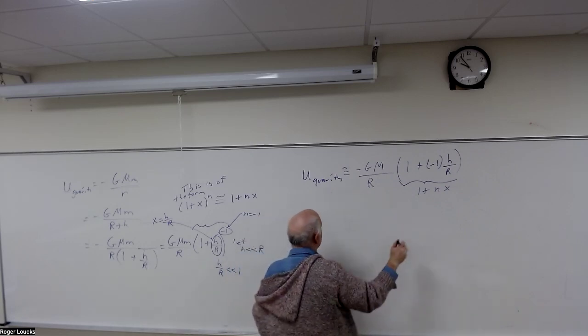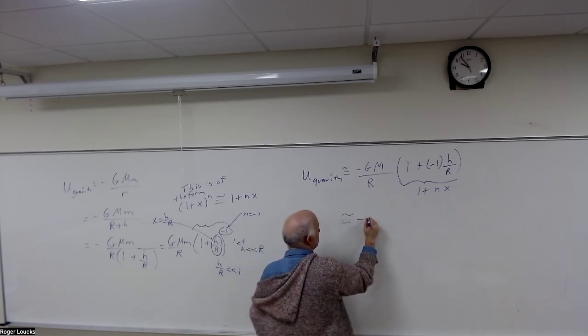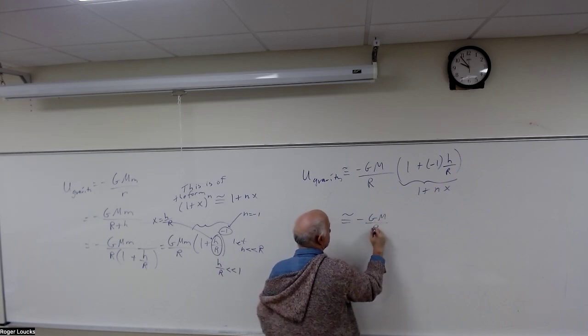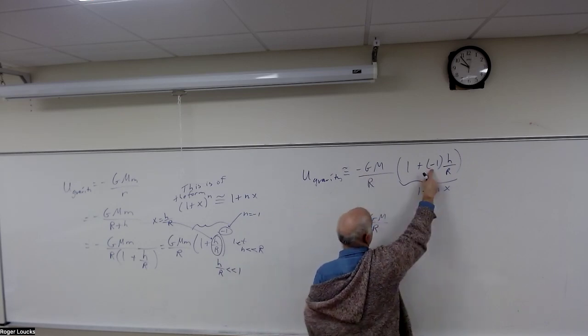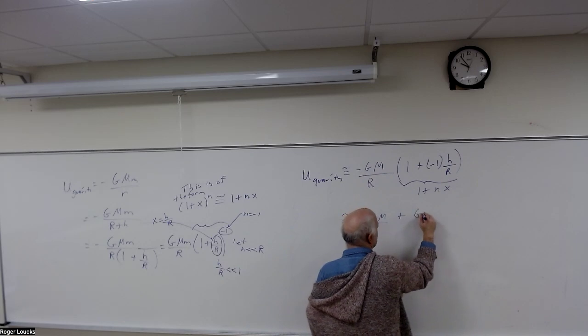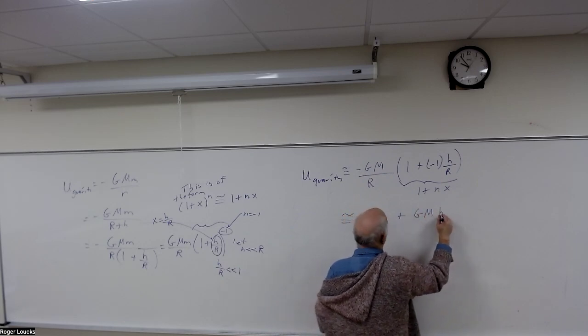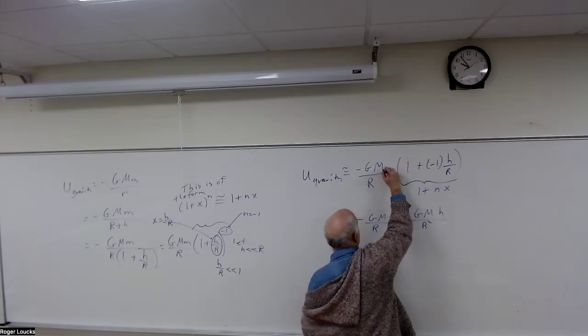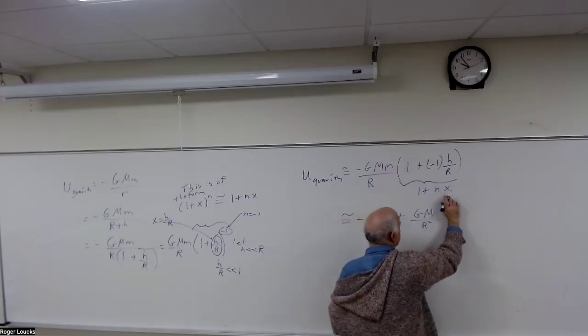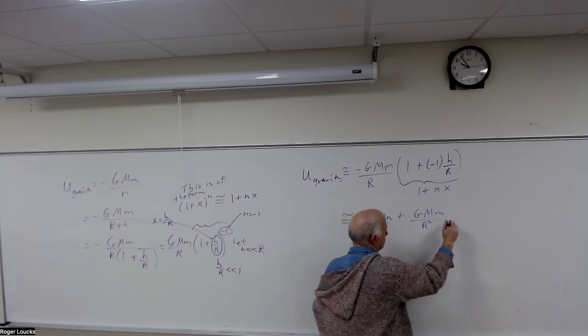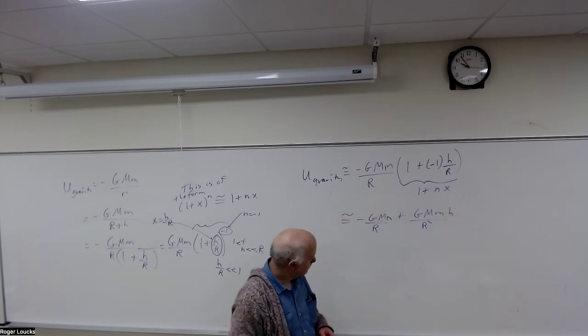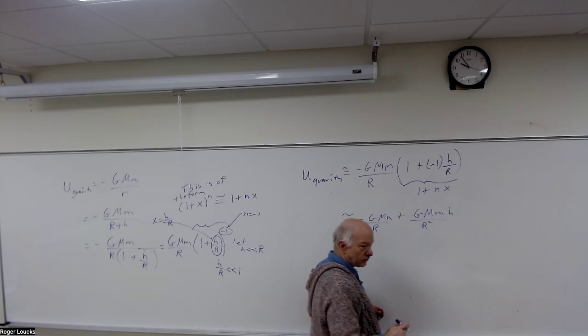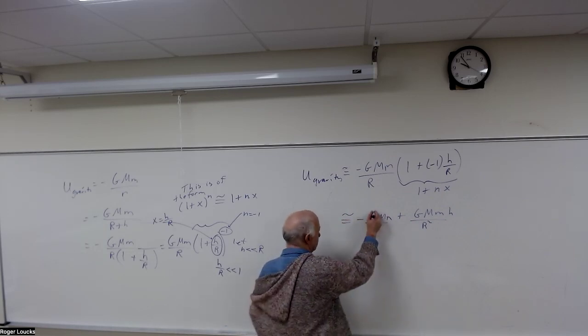I can multiply everything through here. You get minus G, big M over R, and then minus and minus make a plus. So this is plus G, big M, H over R squared. Thank you, little one. I need a little one here.